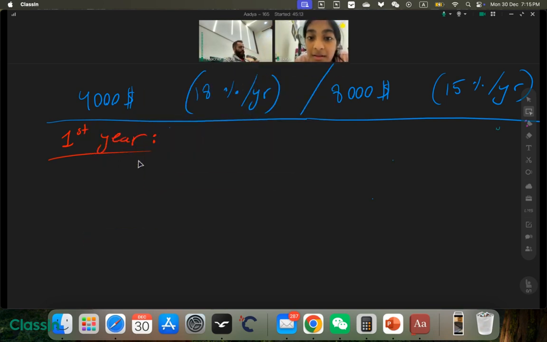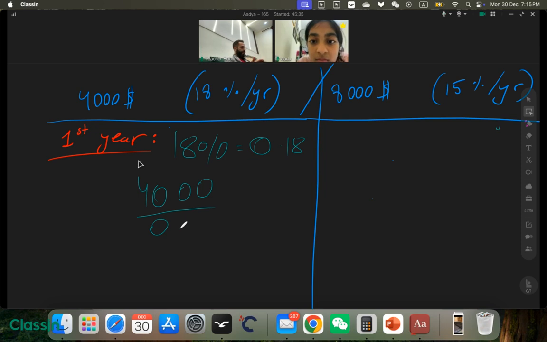Because we need to get how much interest you are paying in the first year alone. Let's do it like this: the left part is for the 4,000, the right part is for the 8,000. Sounds good? For organization.